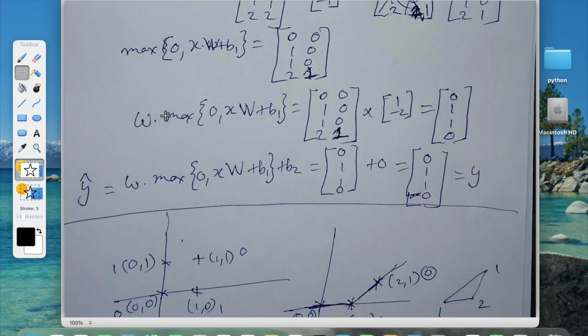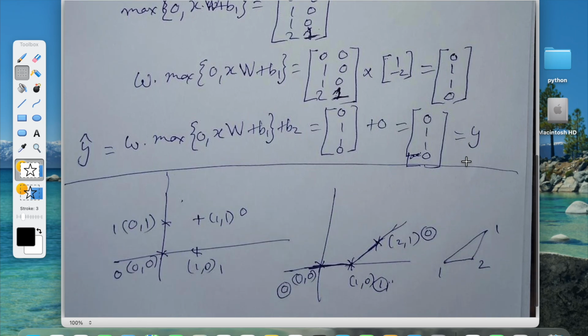Then we multiply the outer weight with the ReLU output, or z, and that gives us our actual value. Since we also have the bias, we add the bias at the end, which gives us our final output, which is equal to the y which we want.